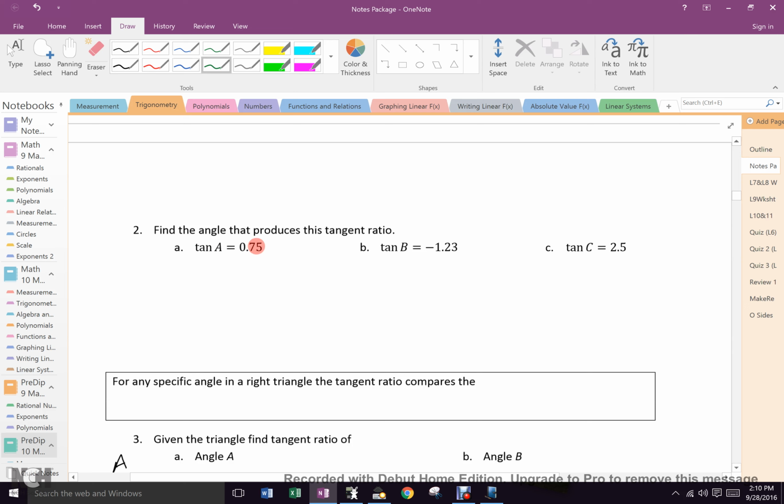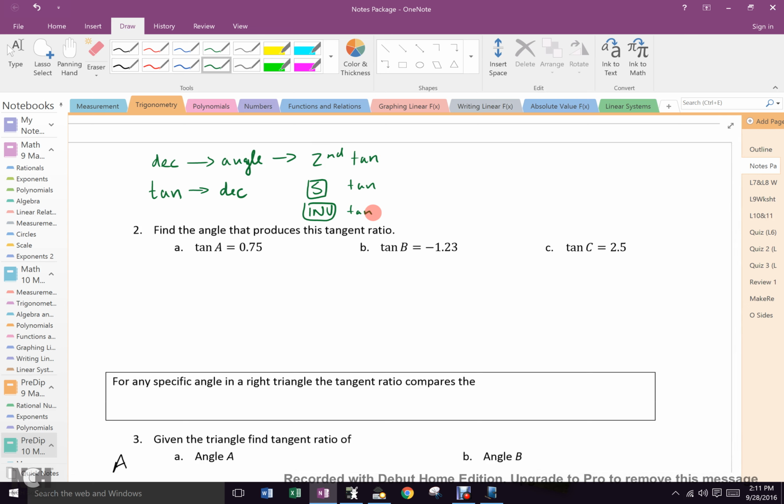Tan gets me the decimal, which is the ratio, but the decimal gets me back to the angle by pushing second tan, or shift tan, or some of you INV tan. It depends on your calculator, but you follow the same rules as you did to find the tangent.